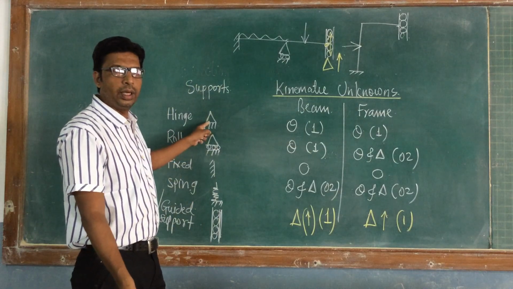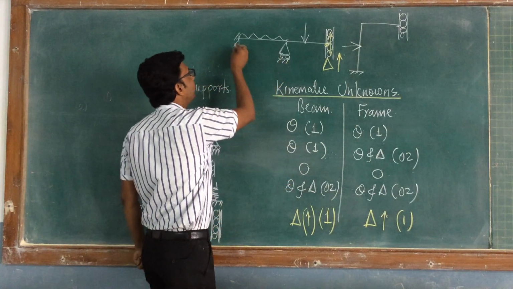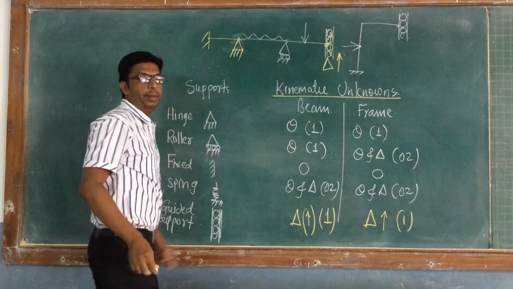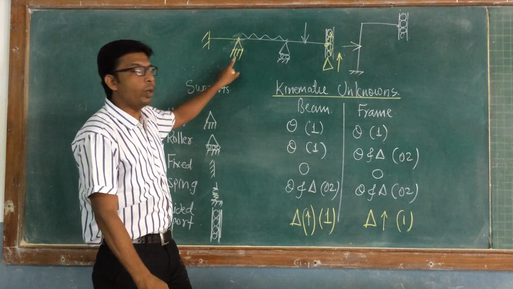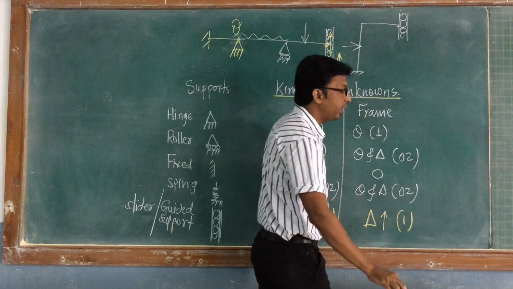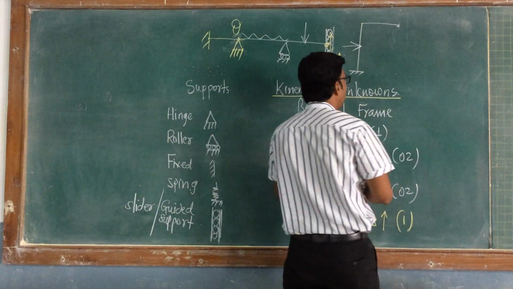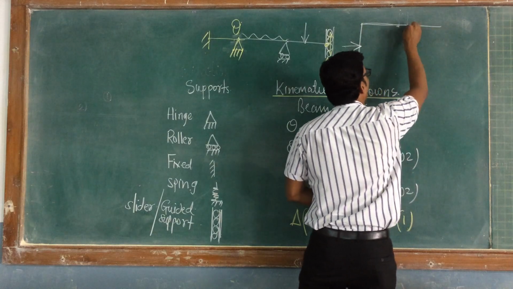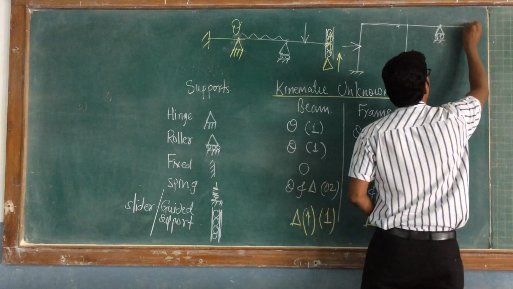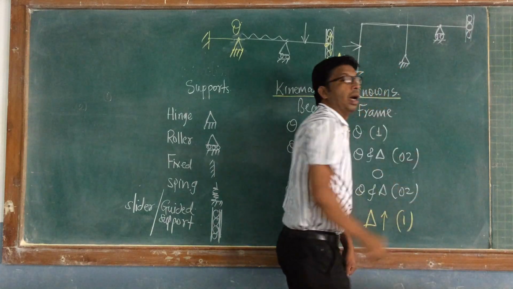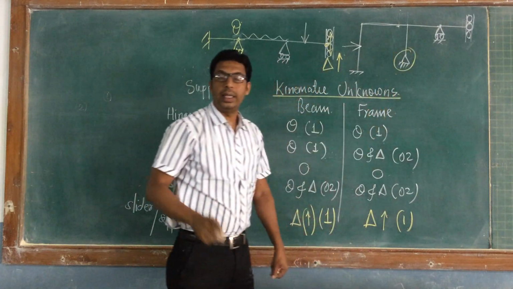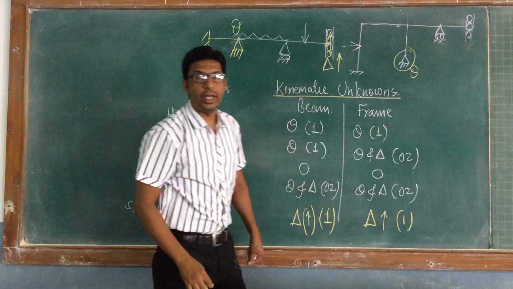If it is a hinge support provided in a beam, there is only rotation. If a hinge support is provided in a frame, there is again one unknown, and that is rotation.